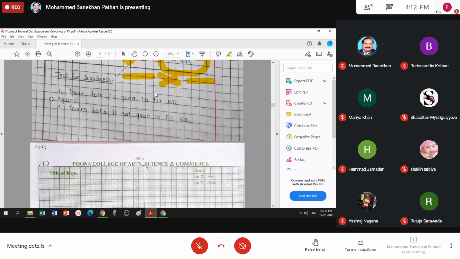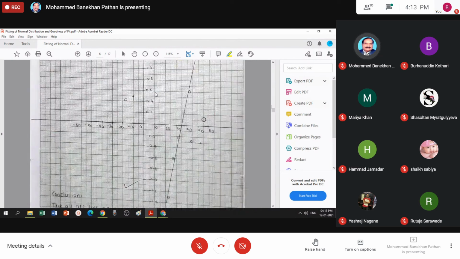Begin with H naught, the null statement: given data is good to fit normal distribution, against H1: given data is not good to fit normal distribution.